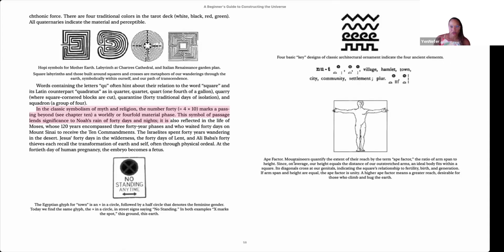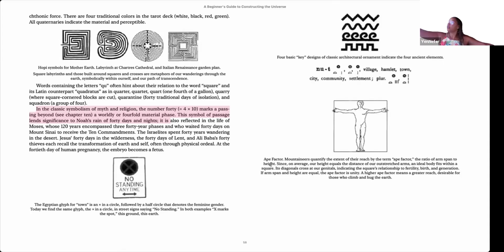Mountaineers quantify the extent of their reach by the term ape factor, the ratio of arm span to height. Since on average our height equals the distance of our outstretched arms, an ideal body fits within a square.